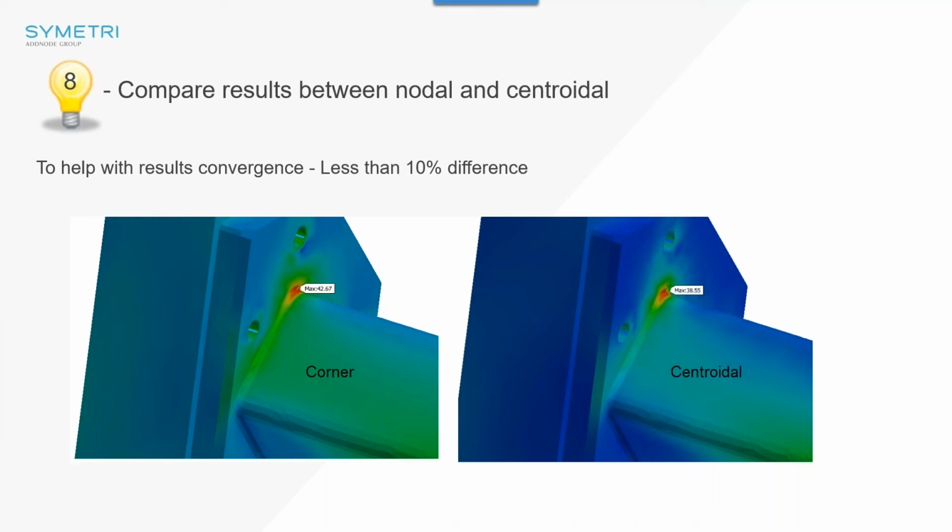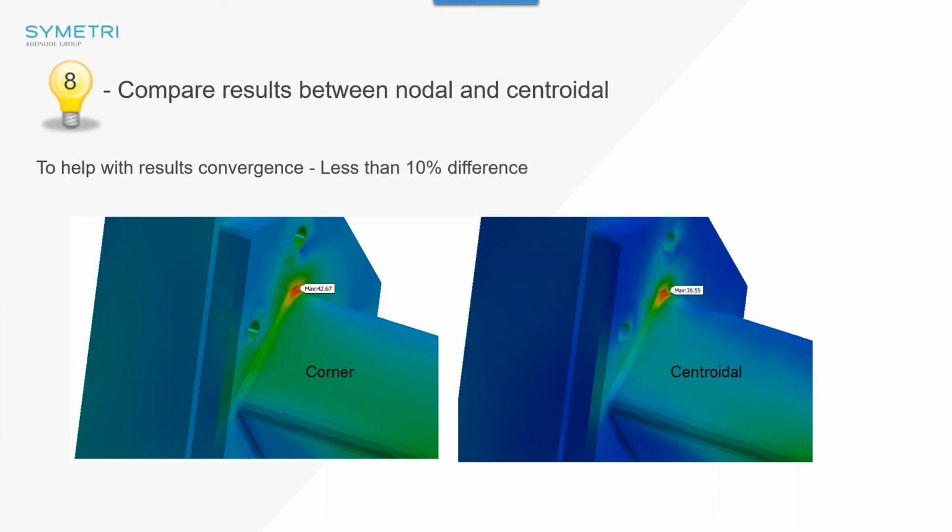What happens is that there is a small amount of discrepancy because of the centroidal results. Imagine a square. The centroidal value is in the middle of the square and the corner values are on the corners of the square. As the square gets smaller and smaller, eventually you'll get the same results. So if you mesh it once and you want to understand, do I need to mesh it again?